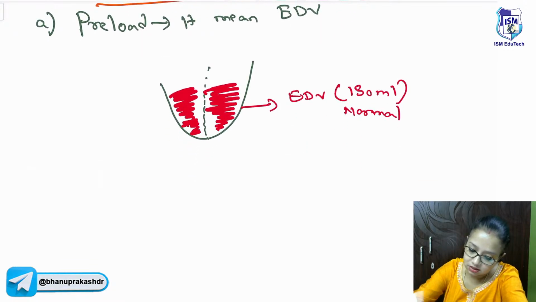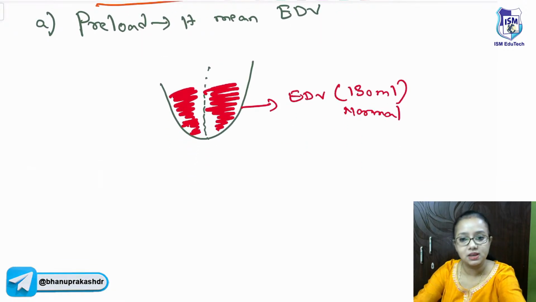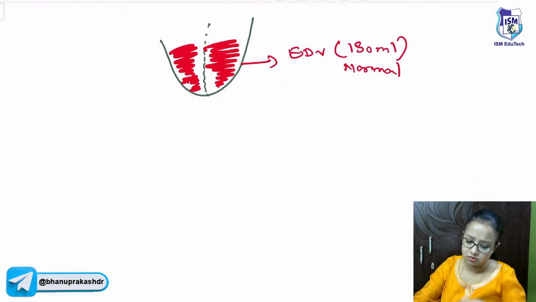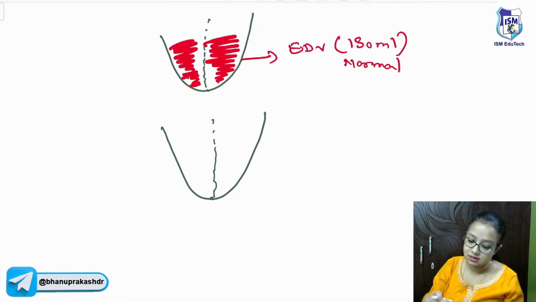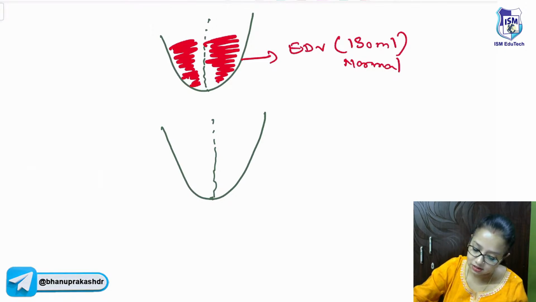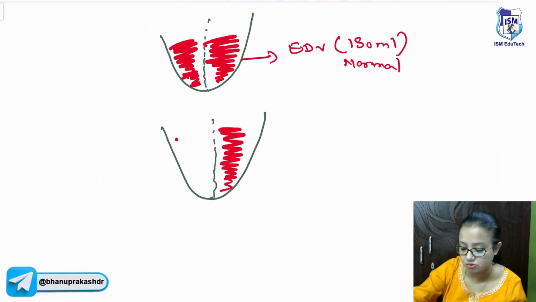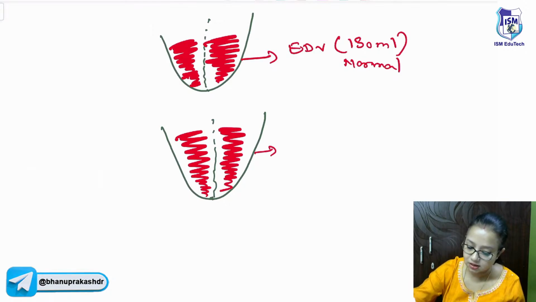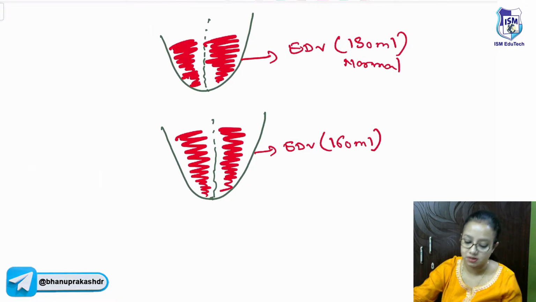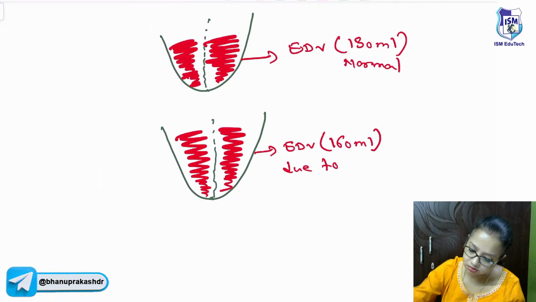Now, due to some reason, maybe some anxiety, maybe some exercise, this end diastolic volume in the same person increases by another 30 ml, say, and becomes 160 ml, due to sudden exercise. These are all examples.